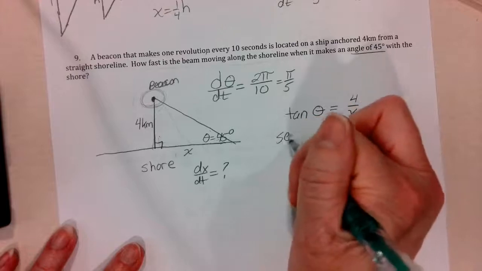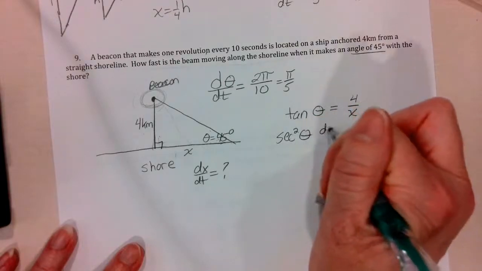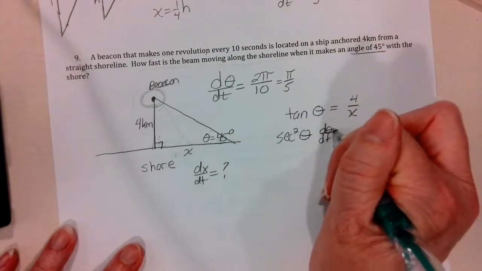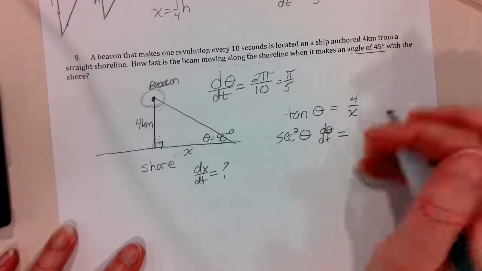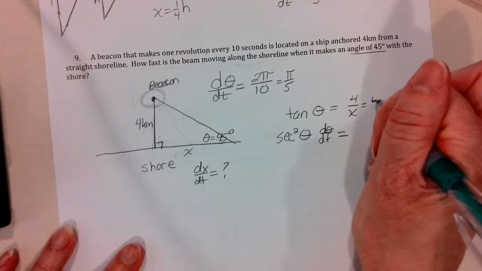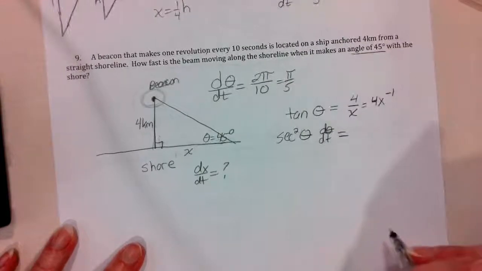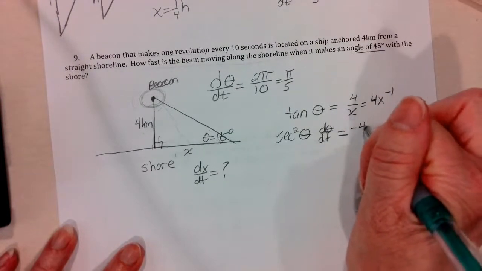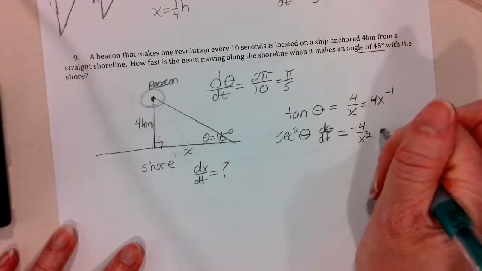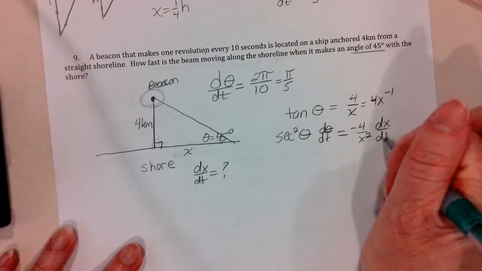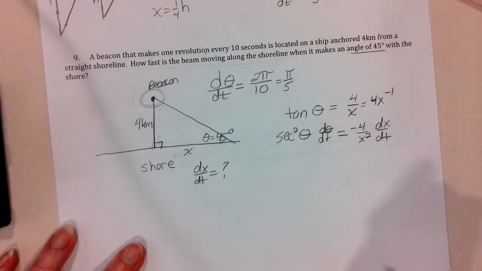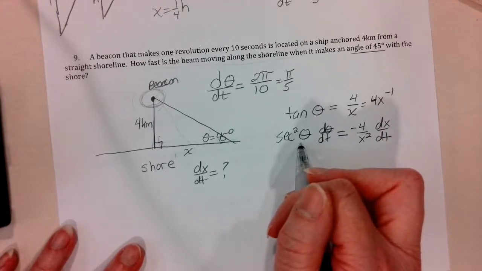Deriving, I get secant squared theta d theta/dt is equal to, think of this as 4x to the negative 1, its derivative is negative 4 over x squared times dx/dt. The secant is what I'm finding first.